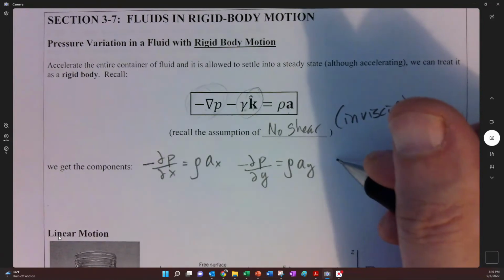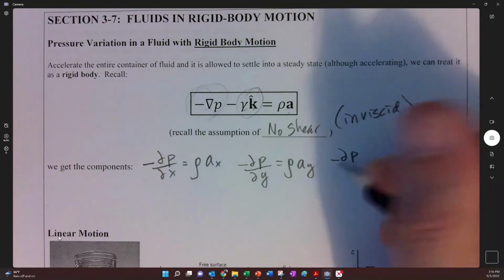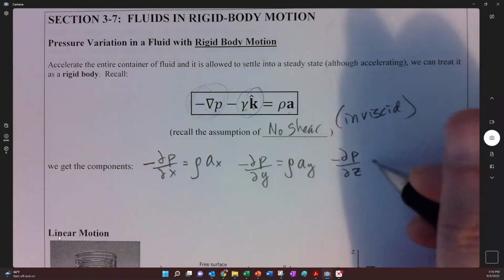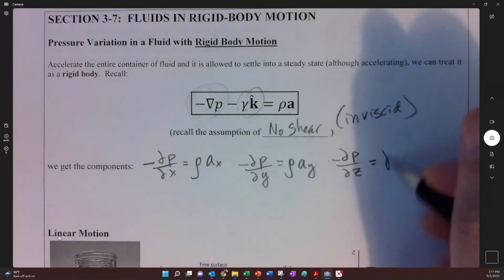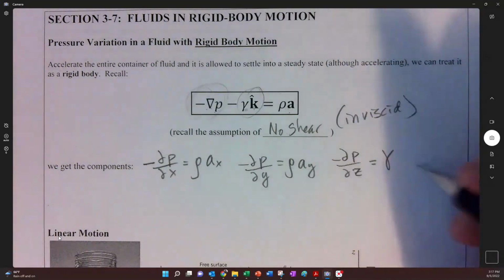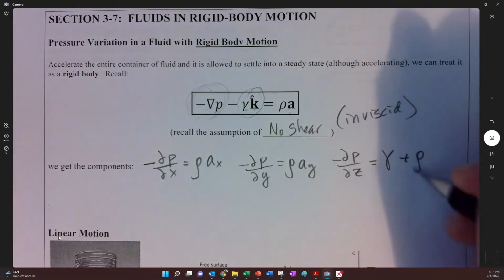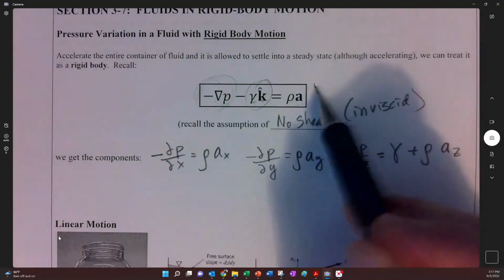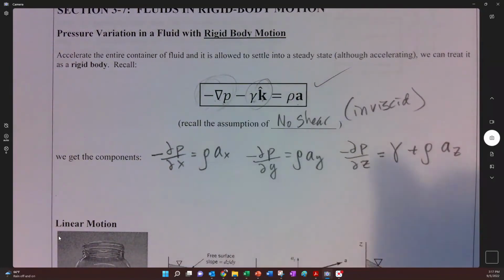And lastly, the partial derivative of the pressure in the z direction is equal to, and I moved the gamma over to the other side so it's no longer negative, minus gamma plus the density and the acceleration in the z direction, right? So this is what that equation says up above, just in a more compact form.